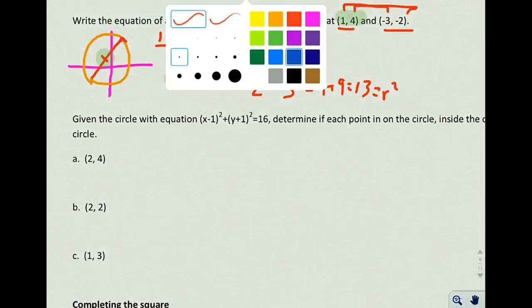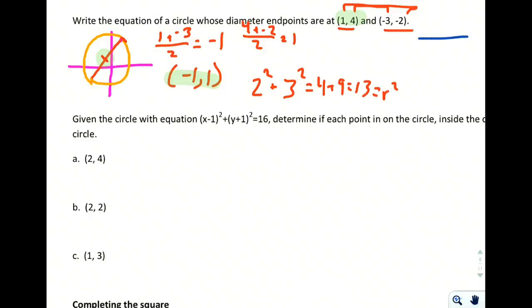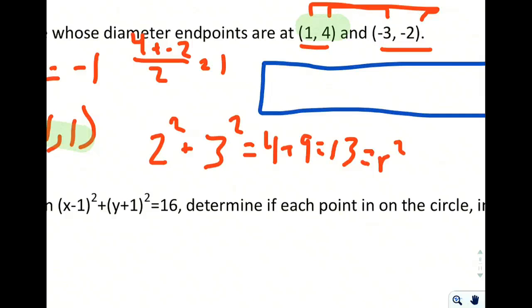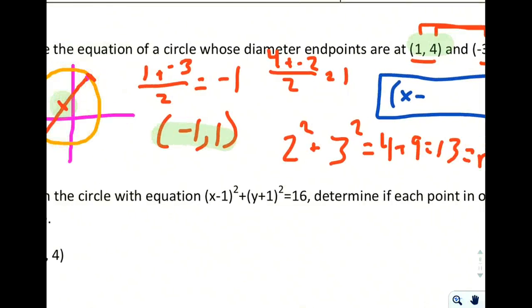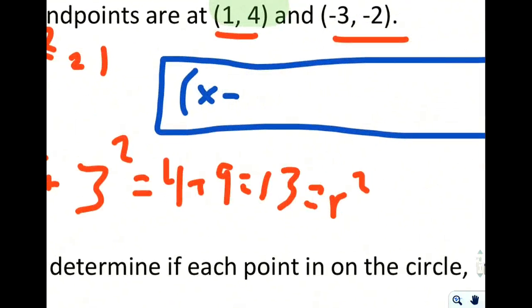So now let's write the part that we care about, the equation of the circle. We have x minus our x coordinate first, and we said our x coordinate is -1, so we really have x plus 1 squared. Then we have to do our y coordinate, y minus our y coordinate squared.